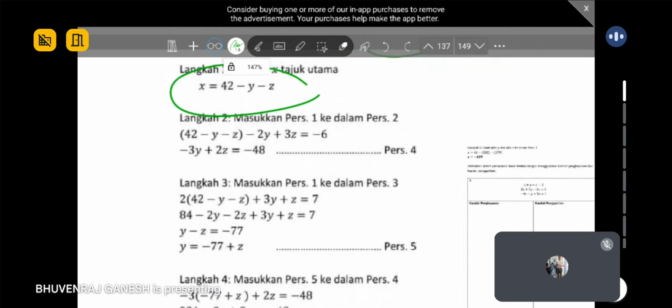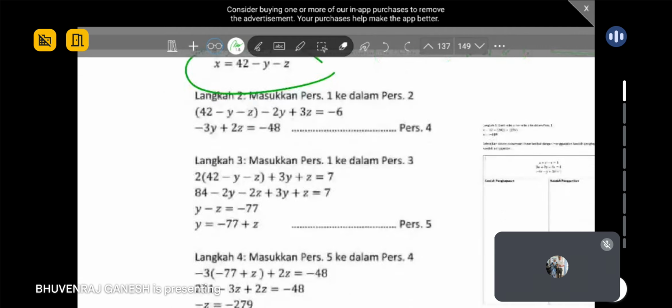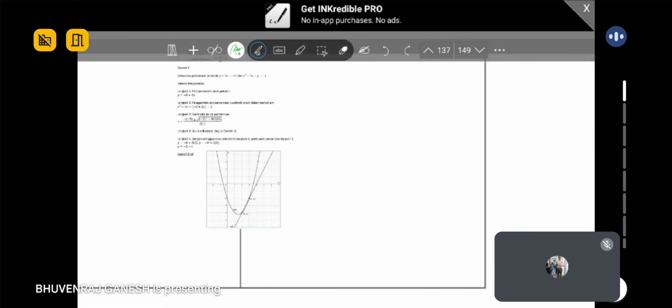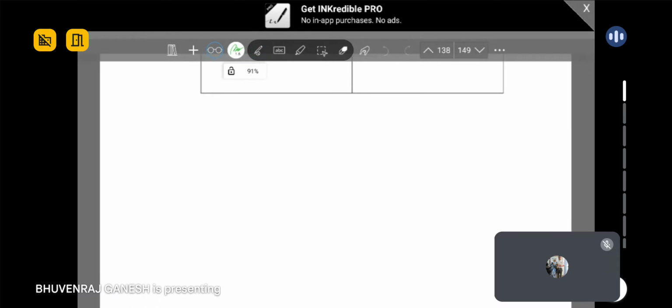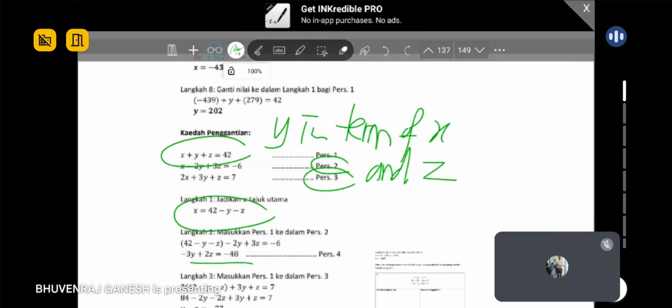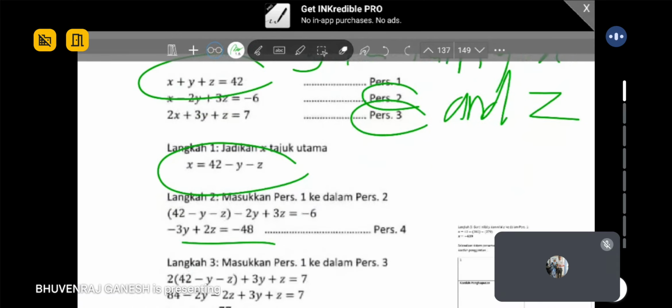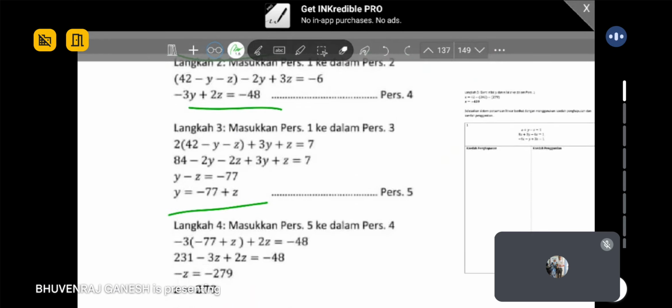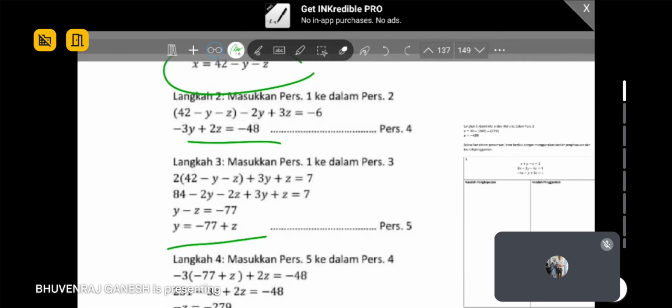Alright. So kamu gantilah dalam persamaan kedua dan ketiga. Okay, so you will get two equation like this. Kamu dapat dua persamaan macam ni. Alright. And then kamu kena cuba masukkanlah. Okay. Kamu pilih salah satu persamaan ni. Choose one of these.